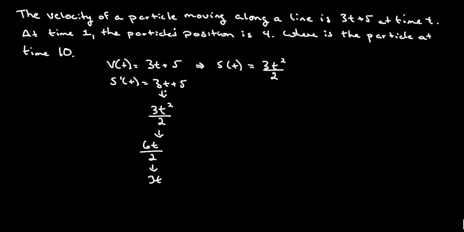Now let's work with the 5. If we work backward, if we write 5t and take the derivative, we end up with just 5. That's a pretty easy one to do. So this is going to be plus 5t. Now this is a potential candidate for position.